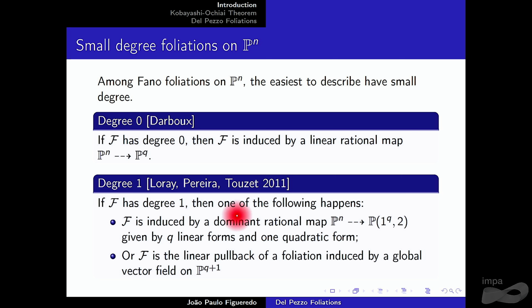Either F is induced by a rational map given by q linear forms and one quadratic form, or F is the linear pullback of a foliation induced by a global vector field on P^(q+1). All right? And you can try to do the same for higher degrees. So there are classifications or partial classifications for higher degrees.